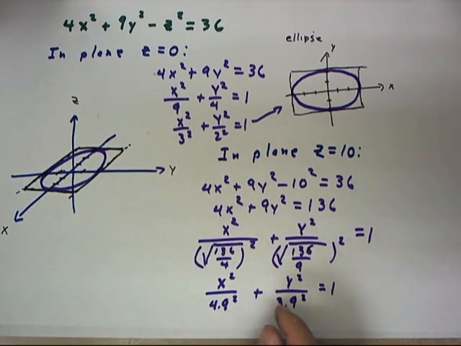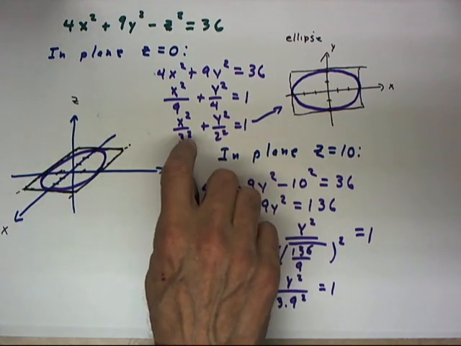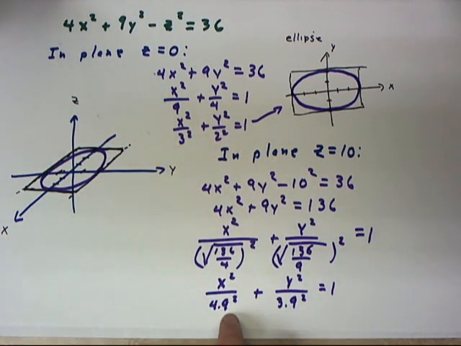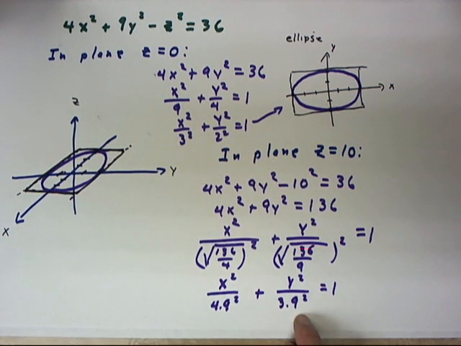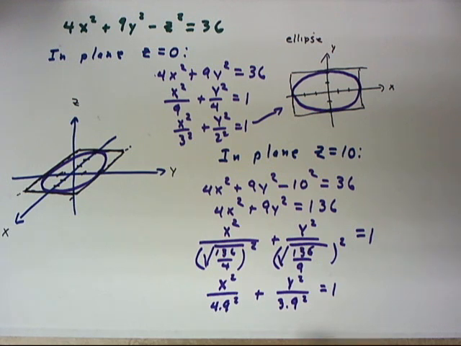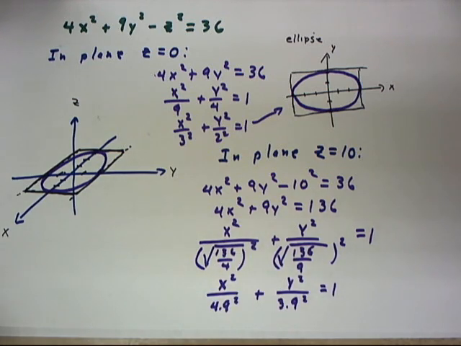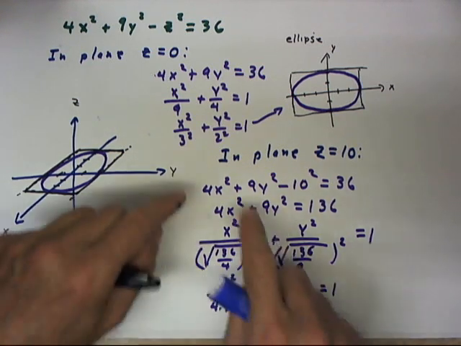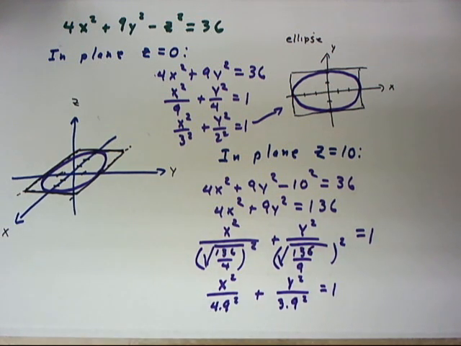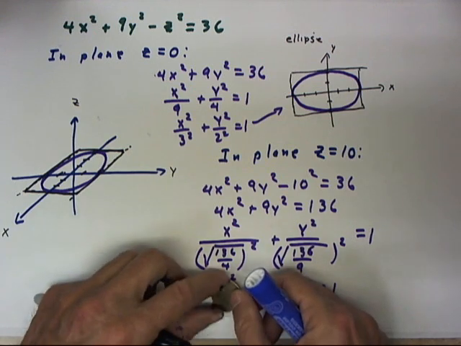Now, what's the graph of this function look like? Well, it looks a whole lot like the graph of this function, except these numbers are somewhat bigger. Oh, that's 44. So my 4.9, these numbers aren't proportional to these, so my 4.9 should really be the square root of 44.